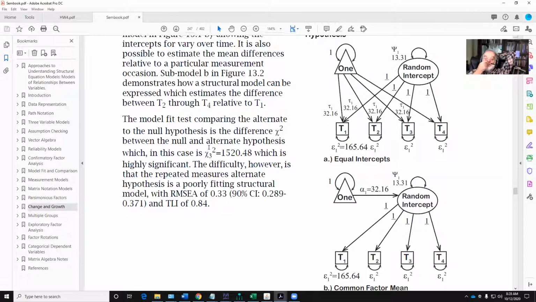Well, in the diagram, T1, T2, T3, and T4 are the manifest variable scores. Each record in my data set has 4 variables: whisk time 1, whisk time 2, whisk time 3, whisk time 4. In this model I'm saying the mean at all 4 measurement occasions is the same number. Dear SEM program, estimate for me the best guess for what this mean is.